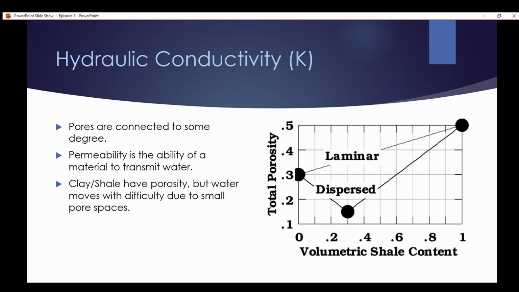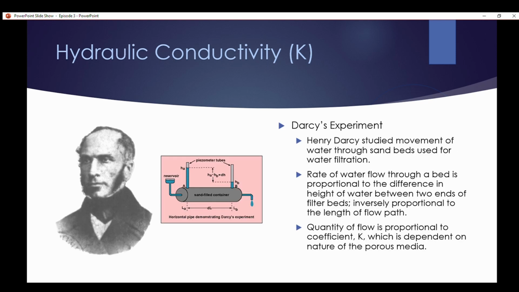It's because clay layers are deposited as sheets on top of each other, and the pore spaces between each of these sheets is very small, so water has to pretty much travel horizontally, which is why clay makes a fantastic aquitard.